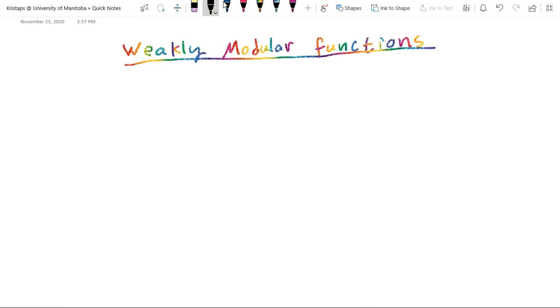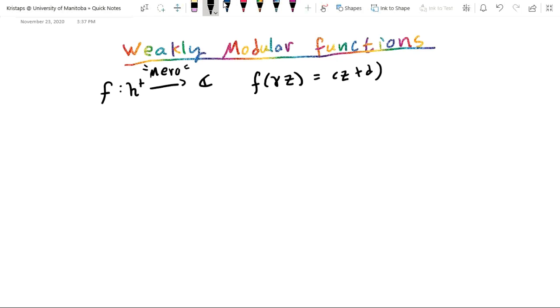So if you've looked at any text on modular forms, occasionally they'll give you some background about periodic functions and lattices, but oftentimes they'll just tell you that a weakly modular form is some function from the complex upper half plane into the complex numbers, which is meromorphic, such that for some matrix gamma of SL2Z, f at gamma z is equal to (cz + d)^k times f of z.